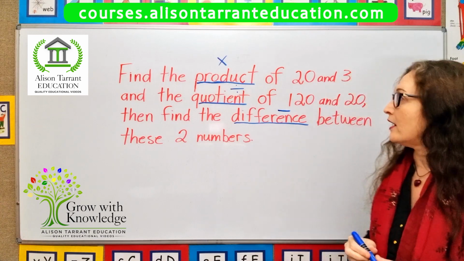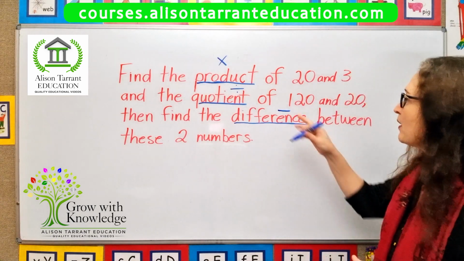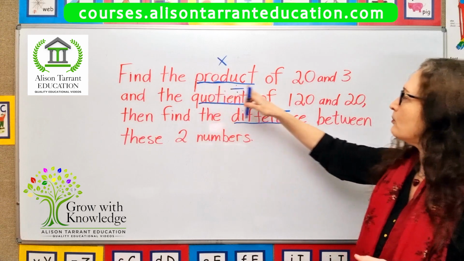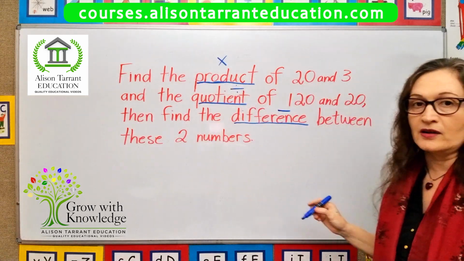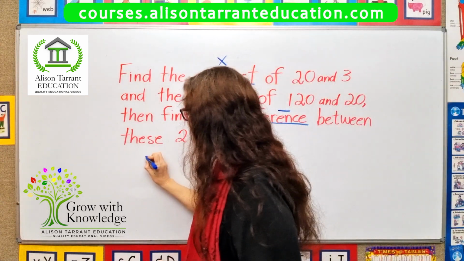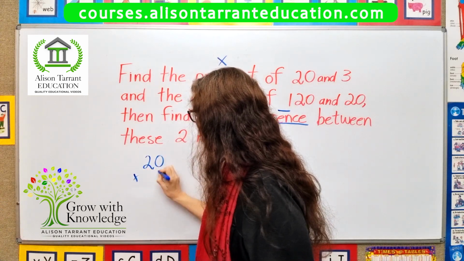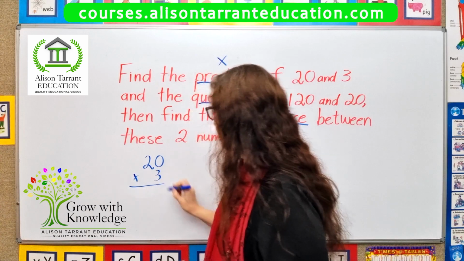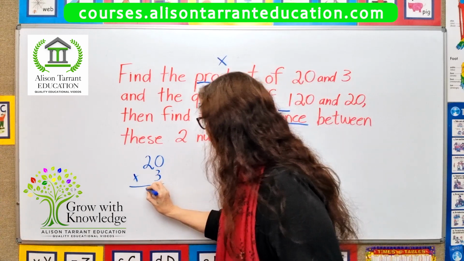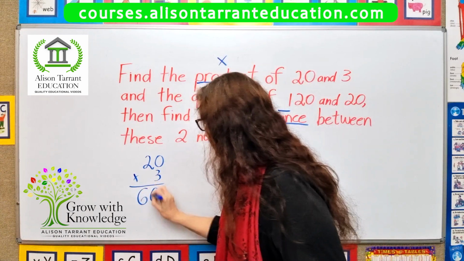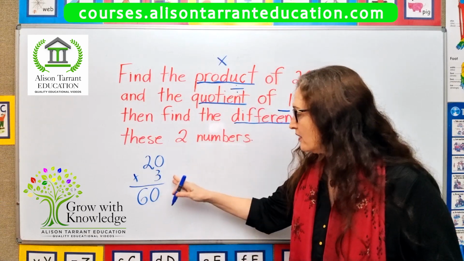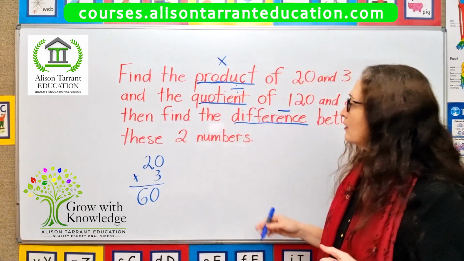So what we'll do now is we'll work it out. So first of all, we find the product of 20 and 3. So if we have 20 multiplied by 3, because it's the product, we get 60. So the product of 20 and 3 is 60.